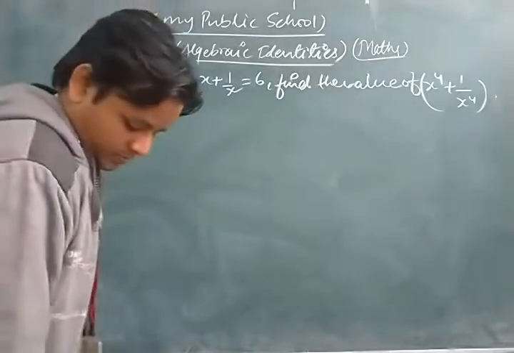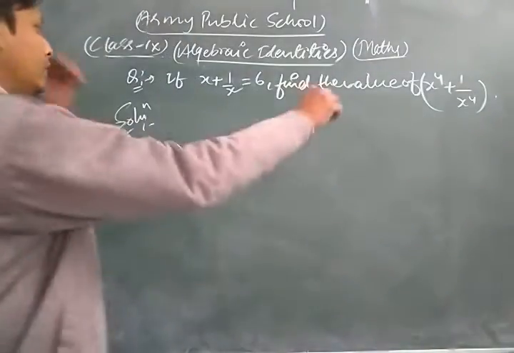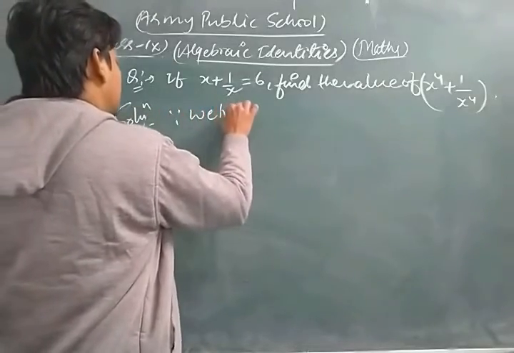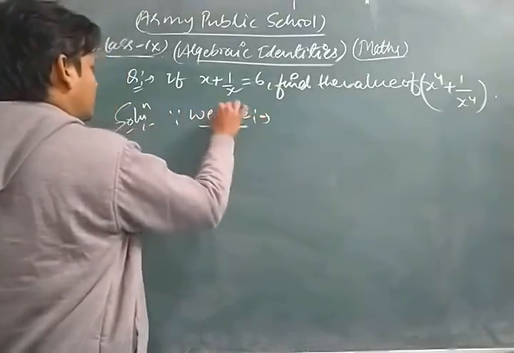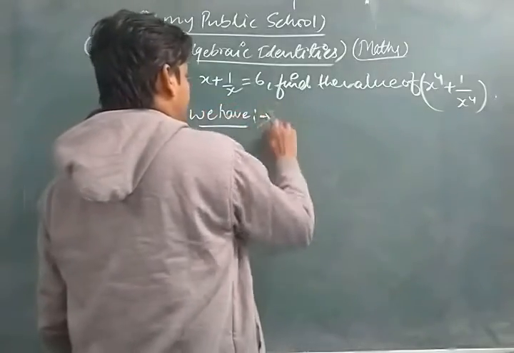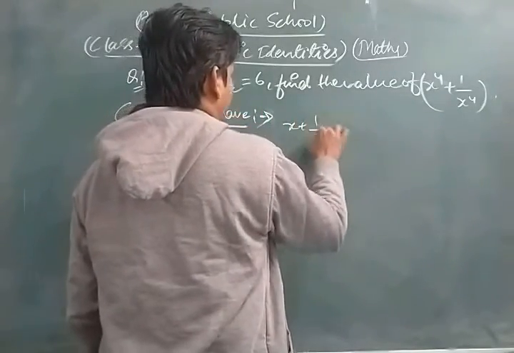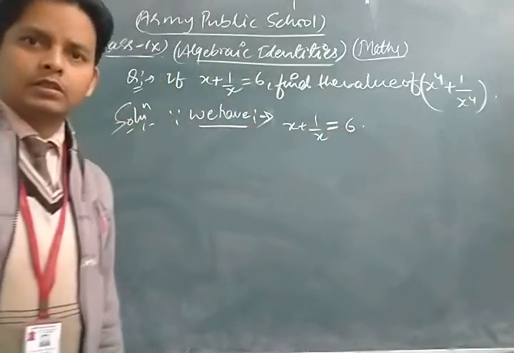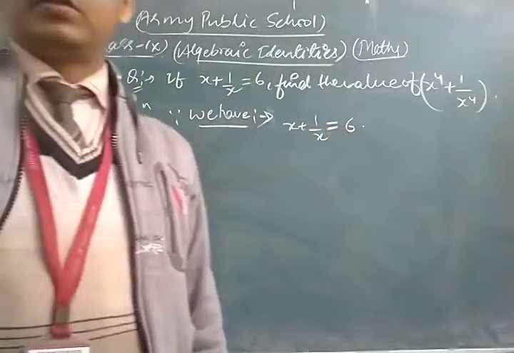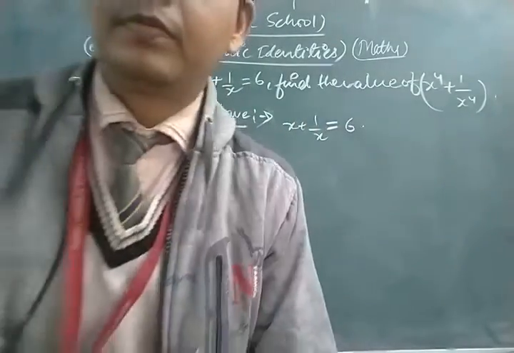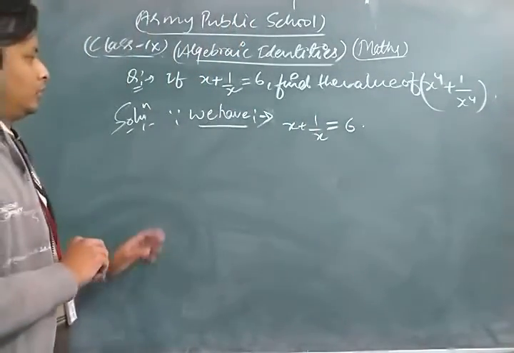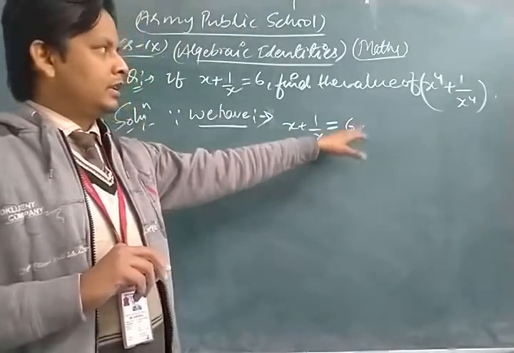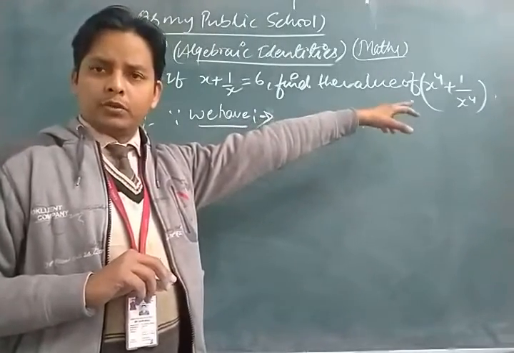Since we have x plus 1 upon x is equal to 6, we find the value of x to the power 4 plus 1 upon x to the power 4.